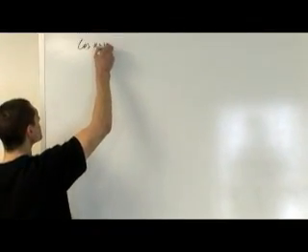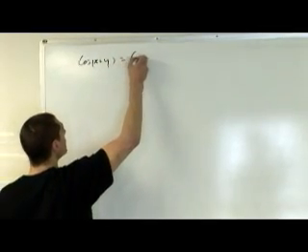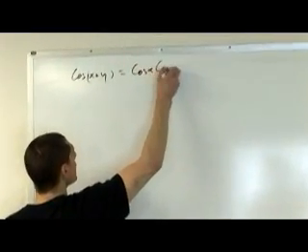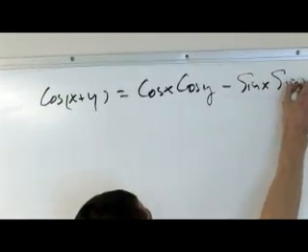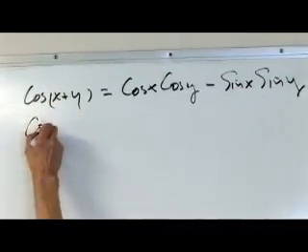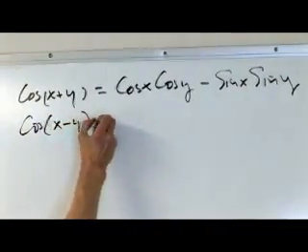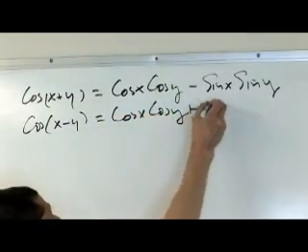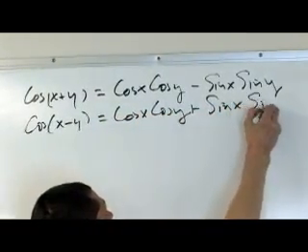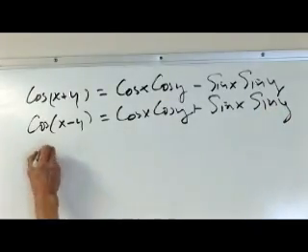Cosine of x plus y is cosine x times cosine y minus sine x sine y. Cosine of x minus y is cosine x cosine y plus sine x sine y.